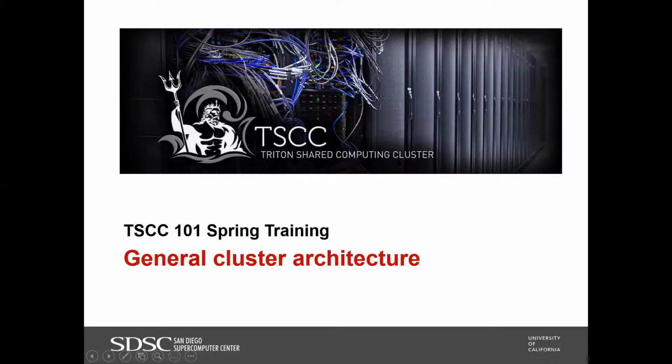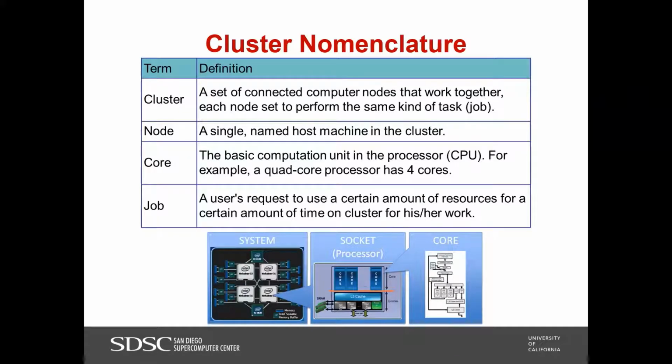Okay, so let's go to the first part. We are going to learn some general cluster architecture. First, let me show those terms in a table. As a TSCC user or as a supercomputer cluster user, you may have seen those terms a lot when you are using the cluster. So what exactly is a cluster?